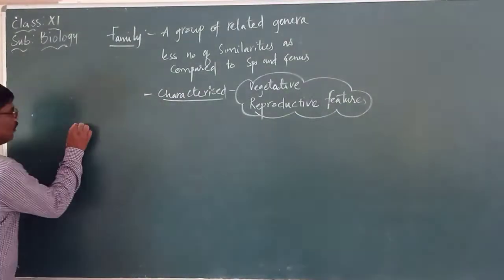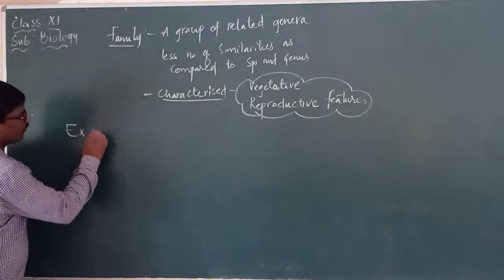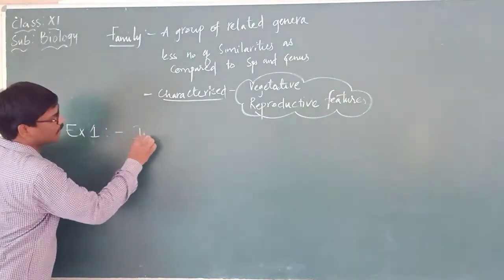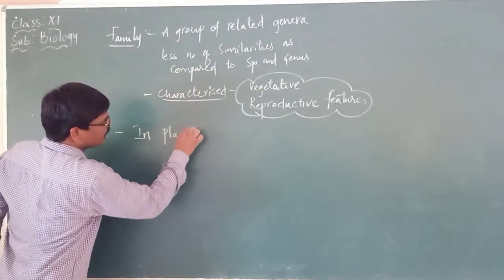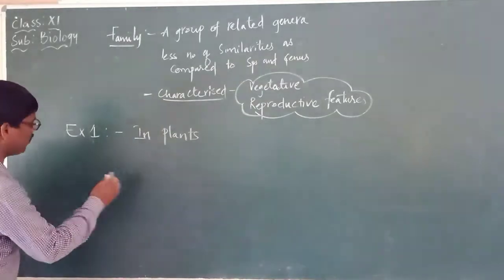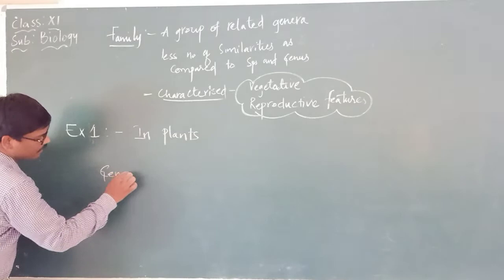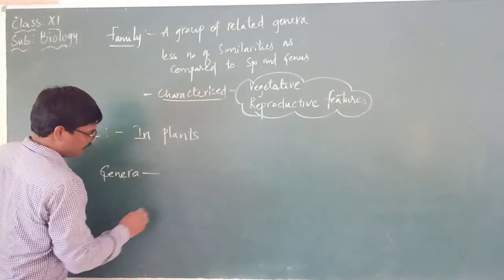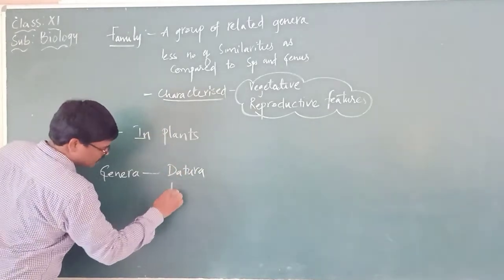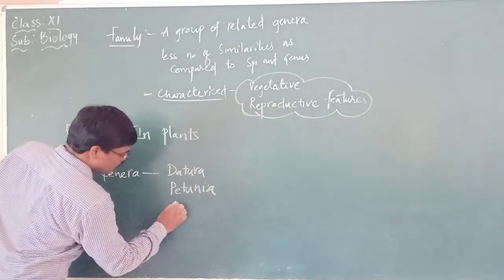So, for example, let us talk about the first example. If you are taking plants, there are different genera. In different genera, there is Datura, there is Petunia, and there is Solanum.